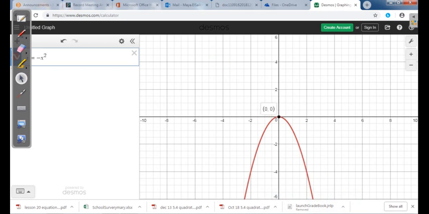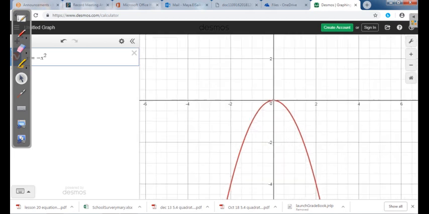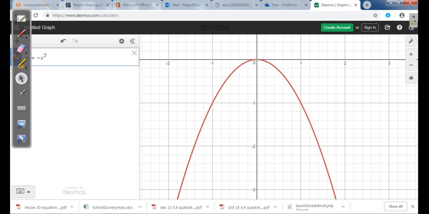And it opens down because it's a negative a value. Do you see that? We'll talk about how we can graph the other points later on. But what's important right now is that you see that your vertex, which is where you're changing direction, is at 0, 0.